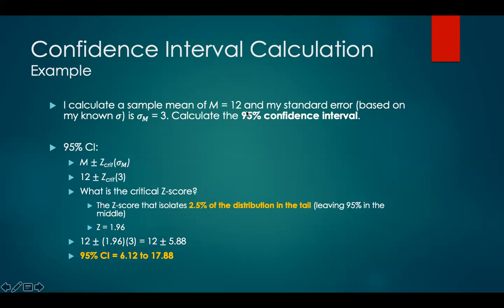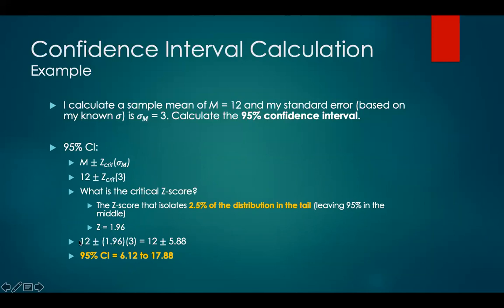Right, so that's 100 minus 95 divided by 2. Or in other words, 0.05 divided by 2, which is 0.025. And the z-value that corresponds to 0.025 is 1.96.